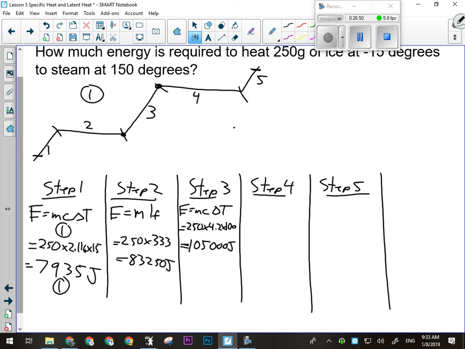When I get to step 4, I have water at 100 degrees, so it's boiling. Okay? At the end of step 4, I'm going to have steam at 100 degrees Celsius. Right? The temperature is not changing here, so what formula am I going to use? Now I'm going to use E equals M times LV, the latent heat of vaporization.